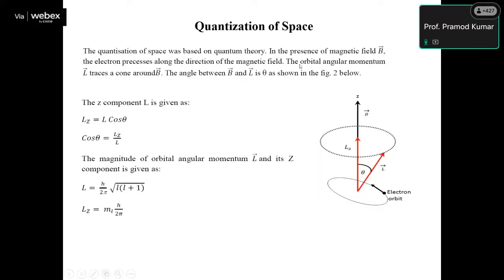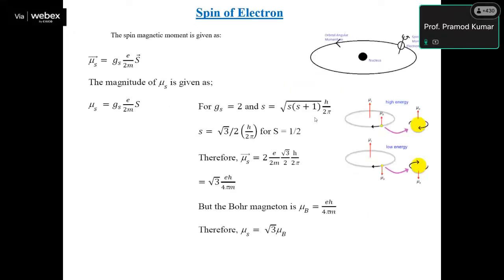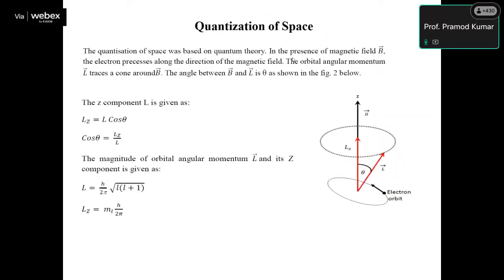Now just move next, because what we are going to do now is apply the magnetic field. We have discussed it without applying the magnetic field. Now when we apply the magnetic field on that system where the electron is moving in the Bohr radius, then what happens?